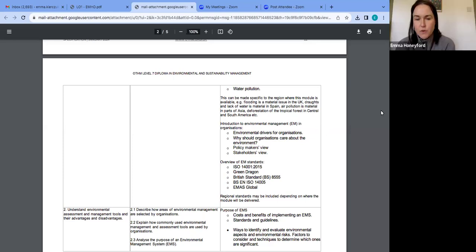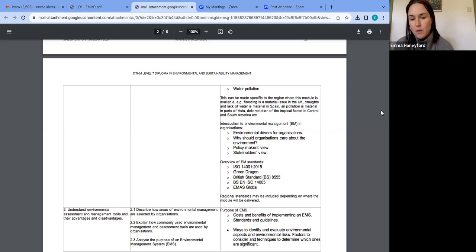Okay, so just before we go on to the actual module, I'll just go over these different areas. So, a brief introduction to the different environmental management systems. In terms of why organisations act, in terms of how they interact with the environment, there are different environmental drivers, like risk.